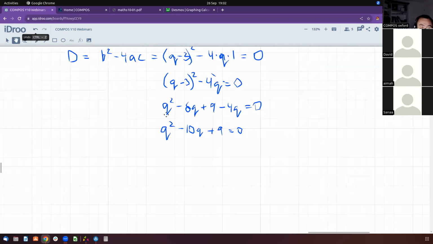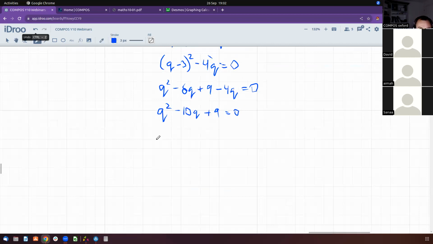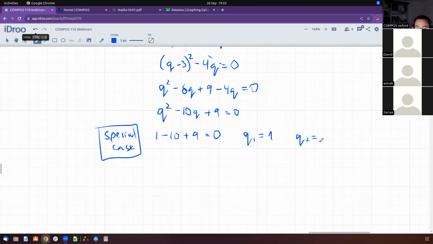Ooh, this is a special case. See, 1 minus 10 plus 9 equals 0. Therefore, q1 is equal to 1, and q2 is c over a, which is 9 over 1, which is 9.